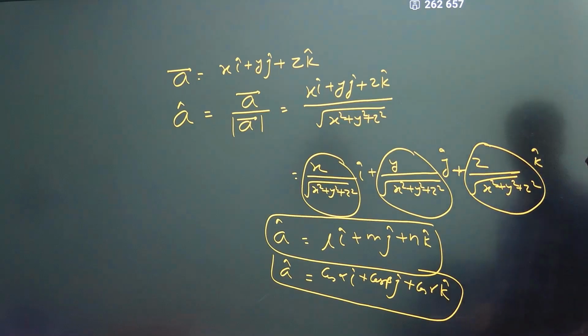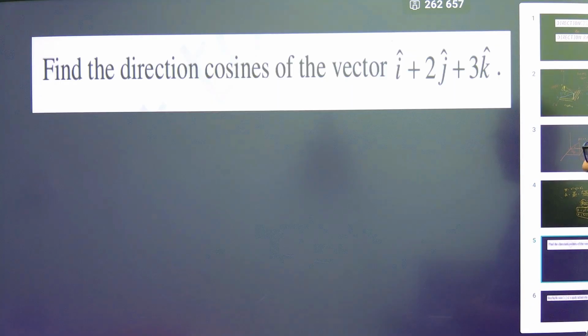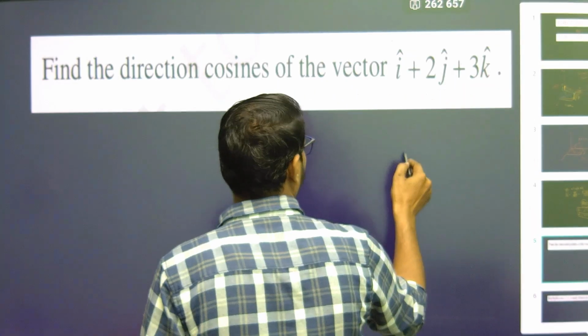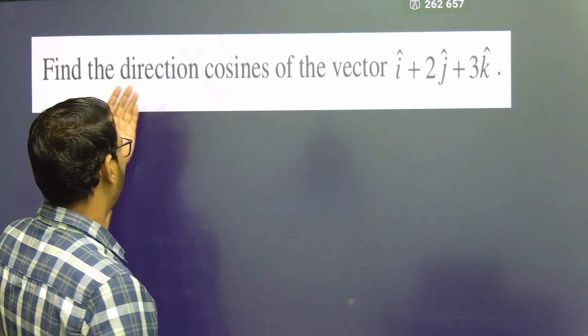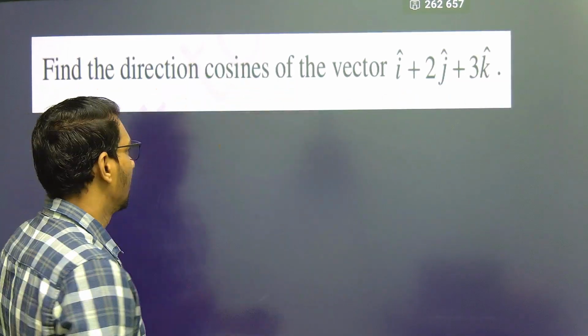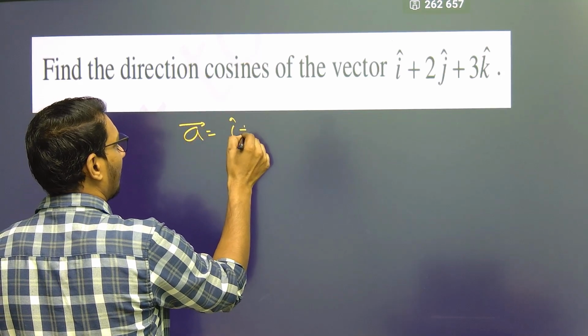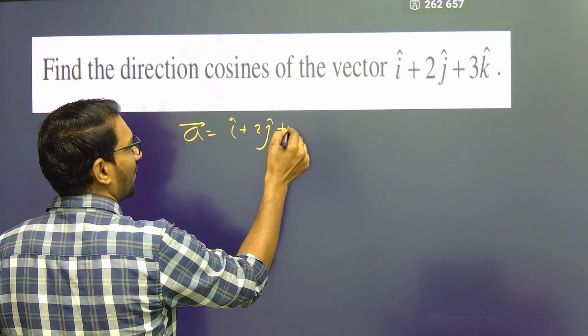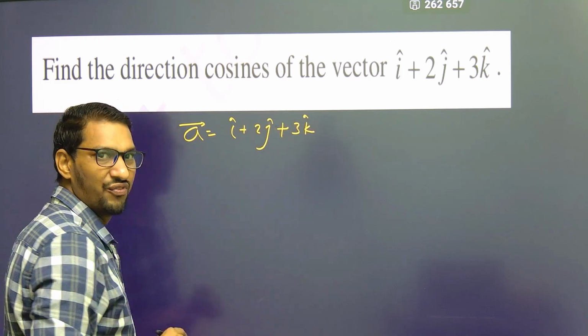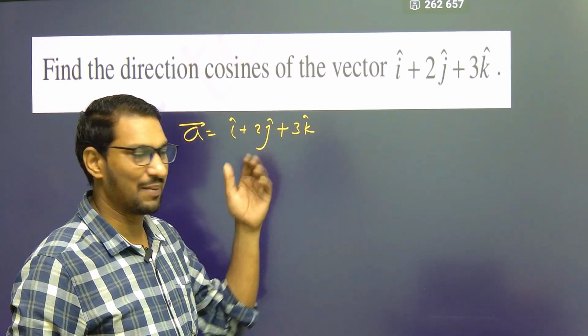So if we have to find the direction cosines of any vector, suppose this is a question: find the direction cosines of this vector. Let this be vector A, i cap plus 2j cap plus 3k cap. First of all, find vector A cap.